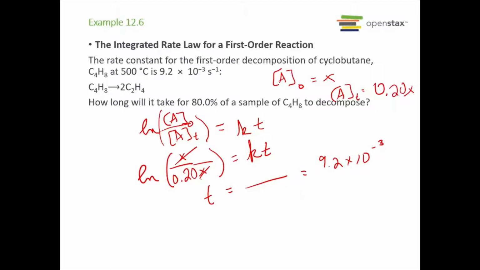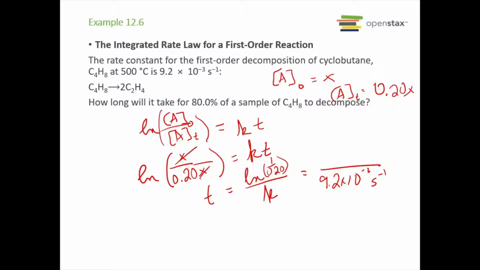Backwards. t is equal to the natural log of 1 over 0.20 divided by k. There we go. And that's why you keep an eye on units. I started to write k and went, wait, these are inverse seconds. 1 over inverse seconds will give us seconds, and that's what we want here. So k is 9.2 times 10 to the negative third inverse seconds. So that's 1 over seconds, which is why we're going to have seconds in our final answer.